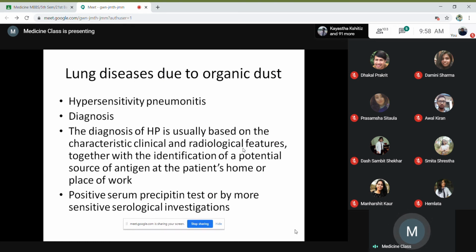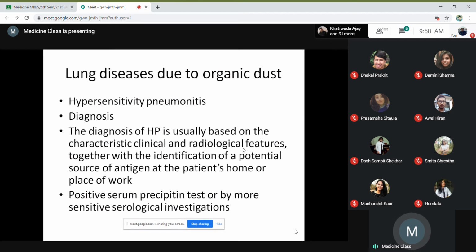Together with the radiological features, we also have to identify the potential source of antigen, which may be present at home or at the workplace, because stopping exposure to these antigens is one of the main treatments for a patient who has occupational lung disease due to organic dust.